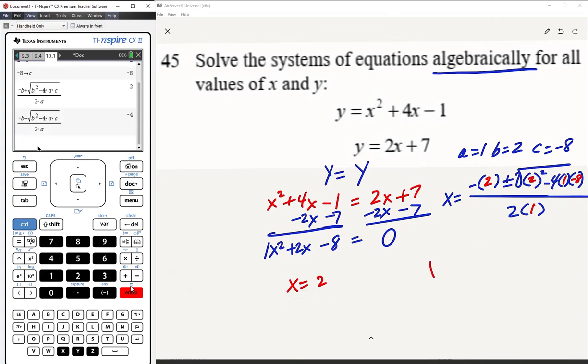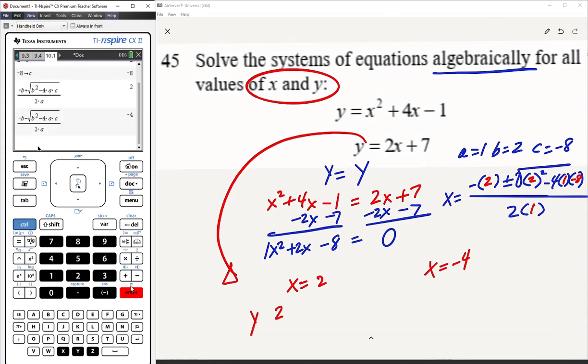Now, in order to get full credit, we need to solve for y, and we need to use algebra to do it. So I'm going to take the equation y equals 2x plus 7 and plug in the x value of 2, then calculate that, and then do the same for the other one.